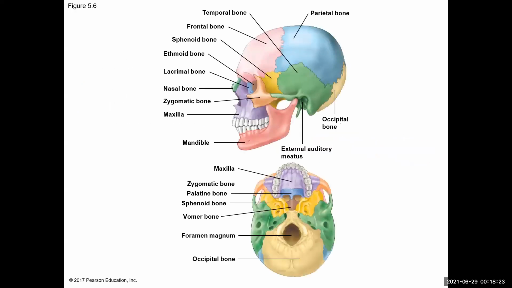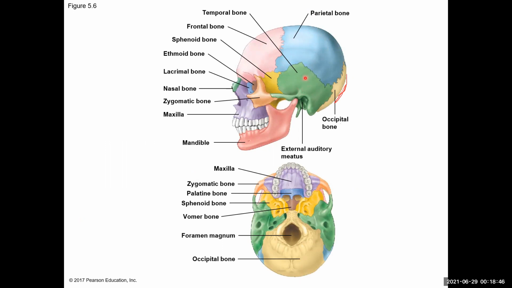So here are the bones of the skull, both the cranial and the facial bones. In the back, you have the occipital. On the top of the head, you have your parietal. The front of the head is the frontal bone.